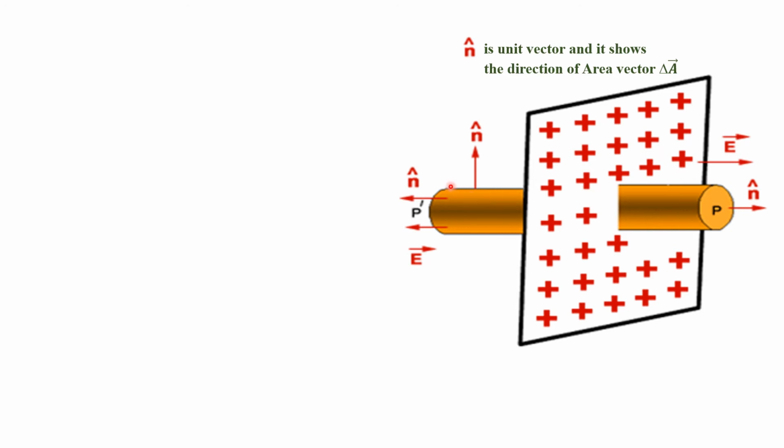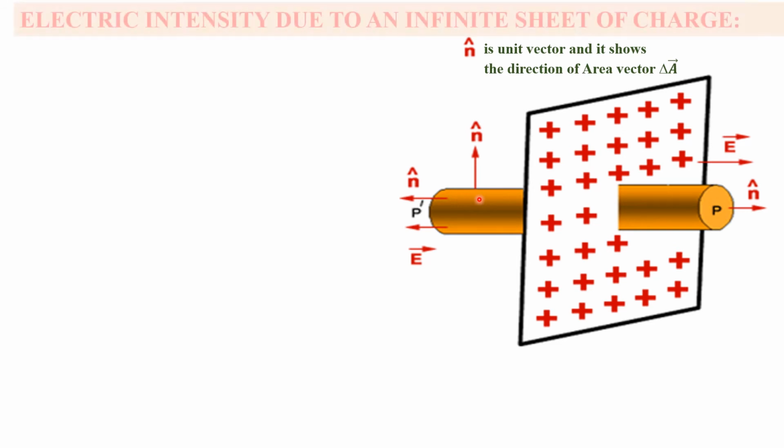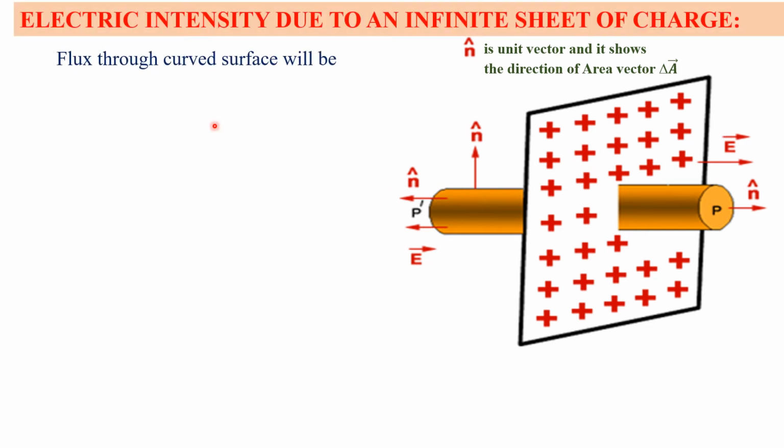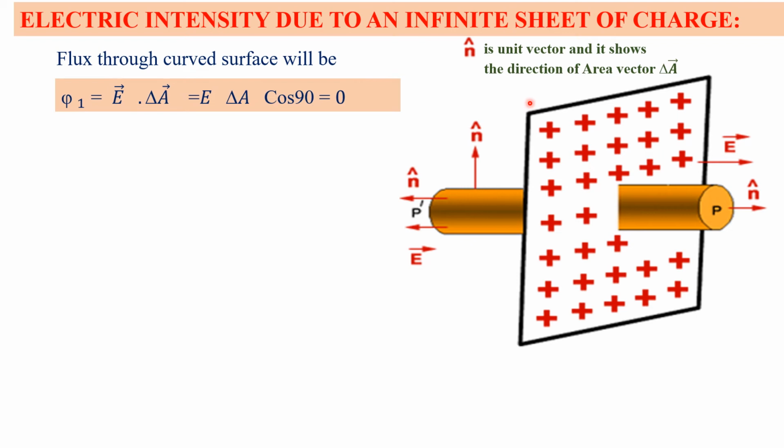Flux through curved surface will be phi 1 equals E dot delta A. Dot product of E and delta A is equal to EA cos theta. So by putting cos 90 equals 0, we get phi 1 equals 0. So the flux through curved surface will be 0.